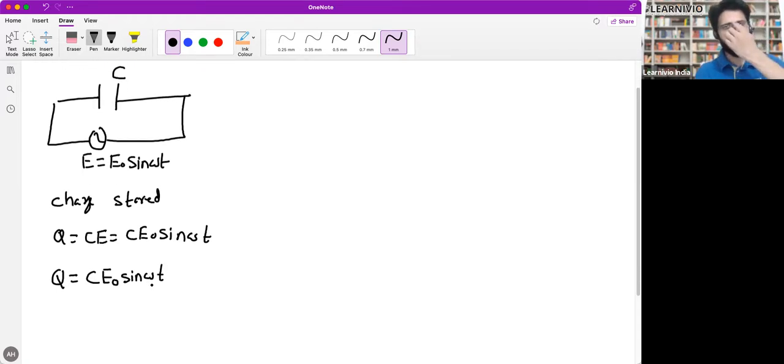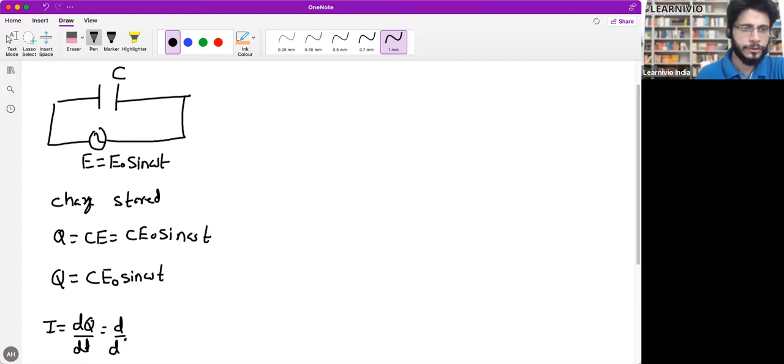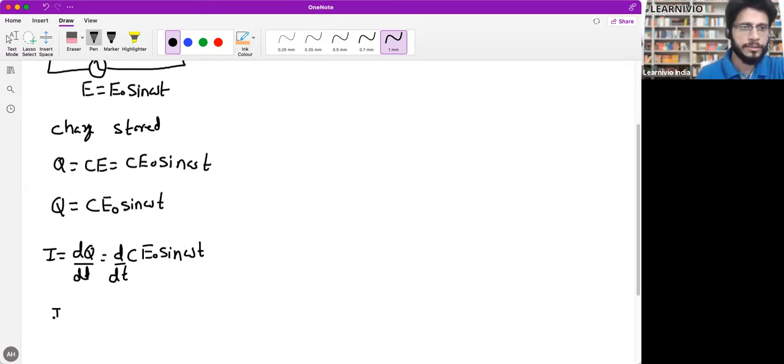So once you have charge, you can also calculate current. Current would be dq over dt. It's d over dt of CE naught sine omega t. You can take this C outside, E naught outside.